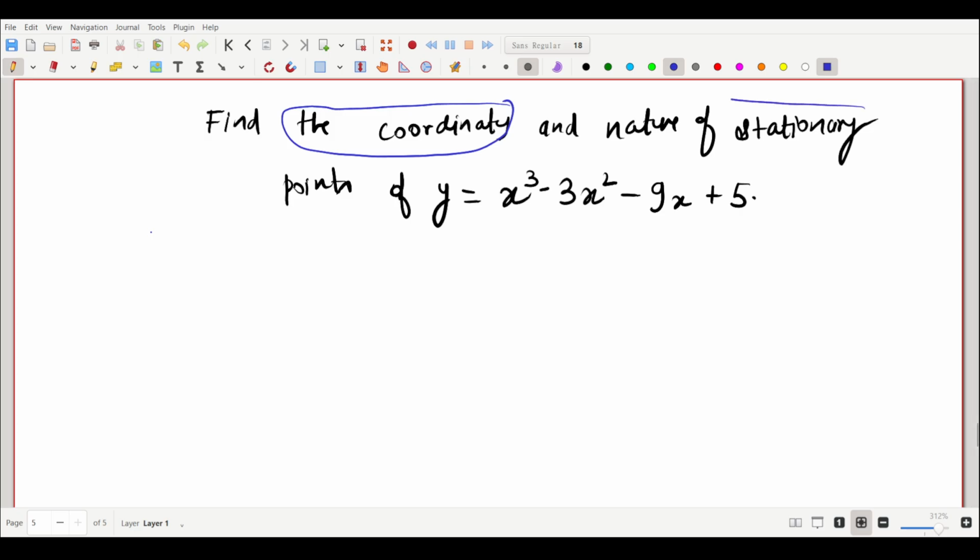Nature can be maximum, where the curve is at its peak, or minimum, at the lowest, or inflection. This is what we will check.